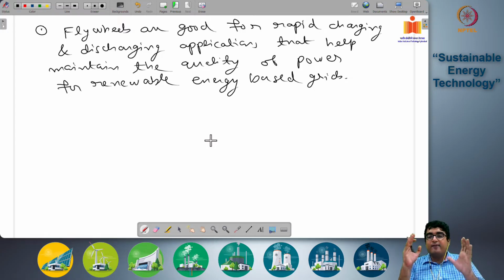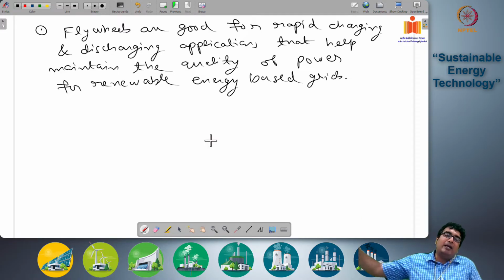So this is a very different type of an application compared to hydroelectric or compressed air, pumped hydro and compressed air storage, where you are trying to adjust large time scale alterations in demand and supply. These are short response. Flywheel is specifically designed for short response energy storage systems.